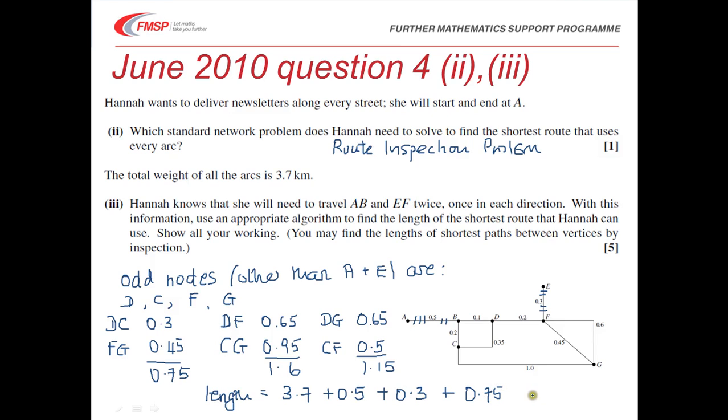And that will give us the shortest route. And if we add all those up, we get 5.25 kilometers. So again, just make sure that you make it absolutely clear that this is the one that we're choosing.